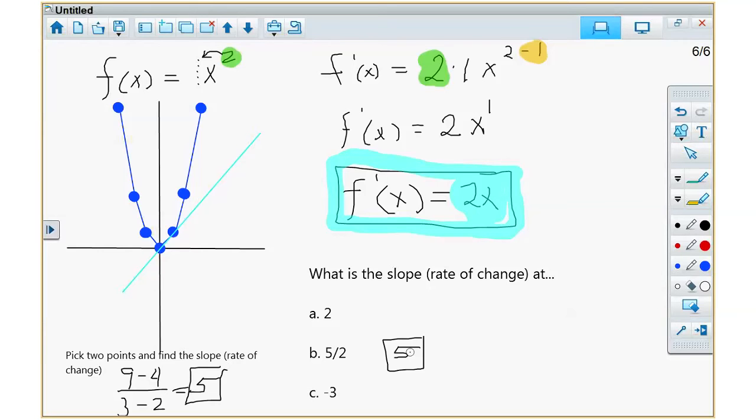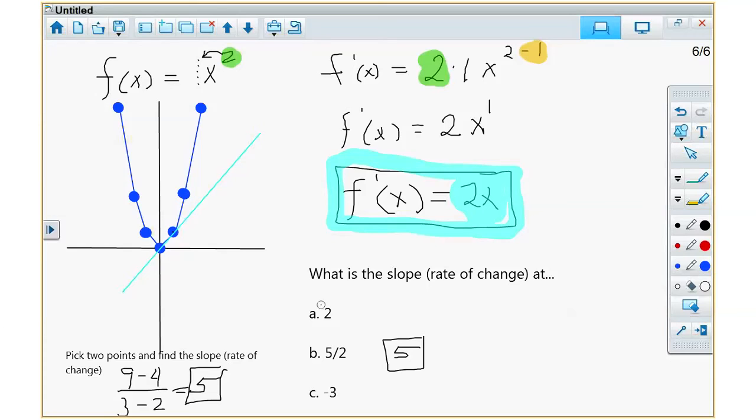Will it always? No. It depends on the curvature of your function. If the curve is really concave, then you're going to see a bigger difference between the 2 points versus your actual slope. All right. How about at this point? Well, that's 2.